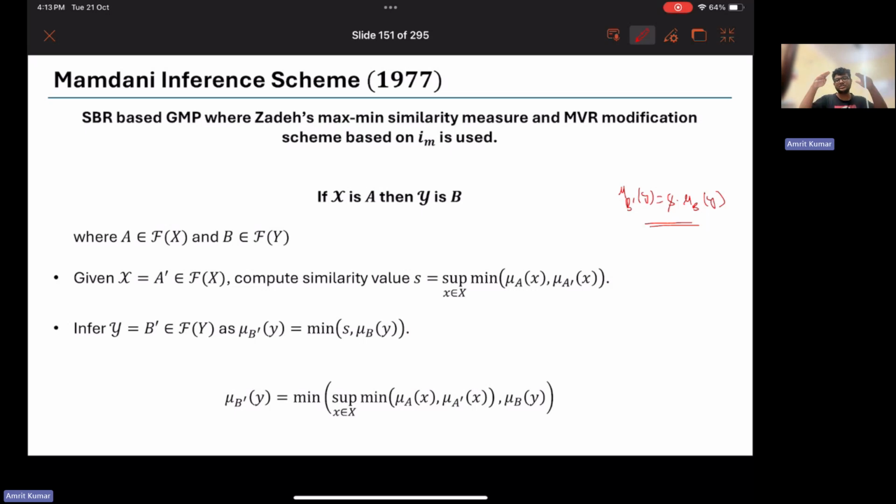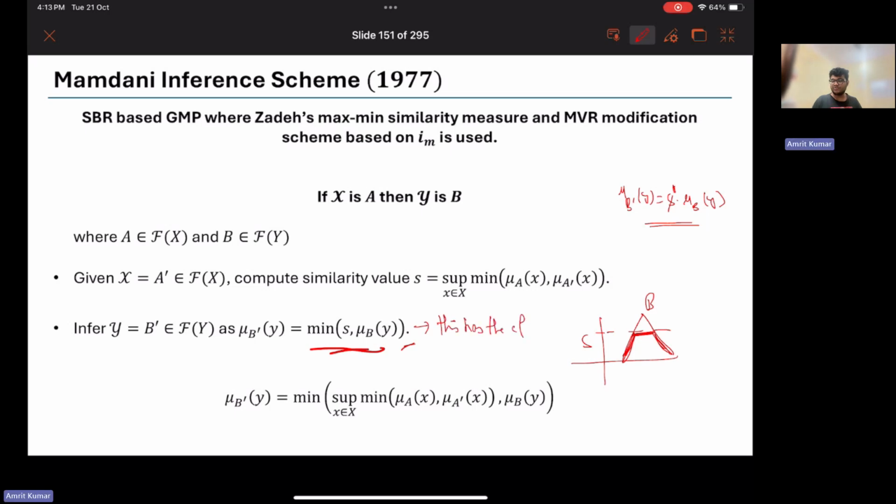Similarly, if B had a Gaussian shape, then B dash would also have a Gaussian shape. However, when you take the minimum, instead of using the product operation, like we do in Mamdani inference scheme, you actually distort the shape as well. So if your B looked like this and S is somewhere here, then when you take the minimum of S and B, you actually end up getting this. In other words, you do a clipping. You clip the fuzzy set B.